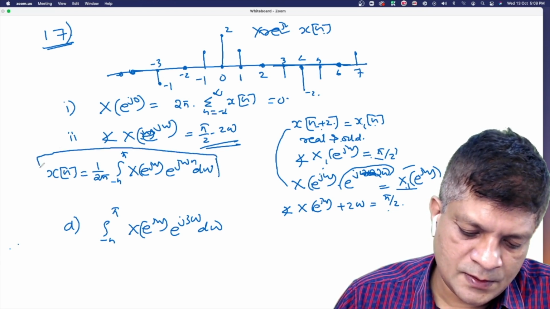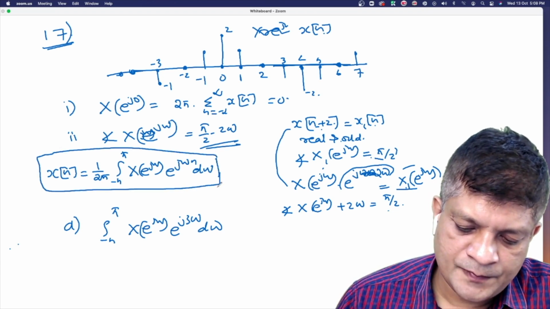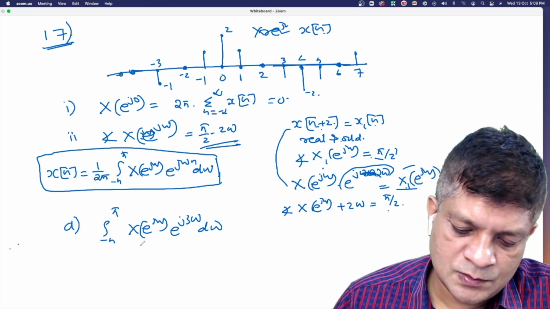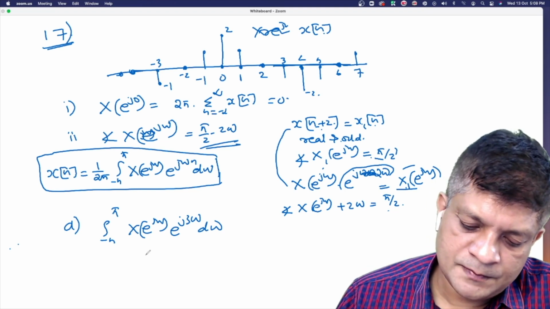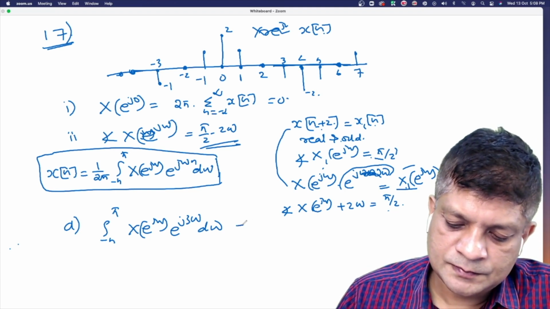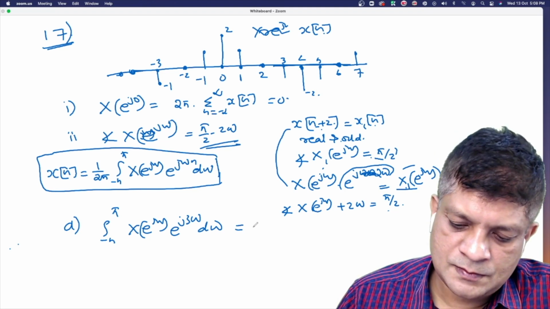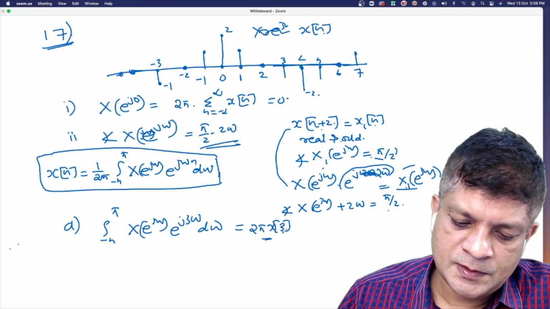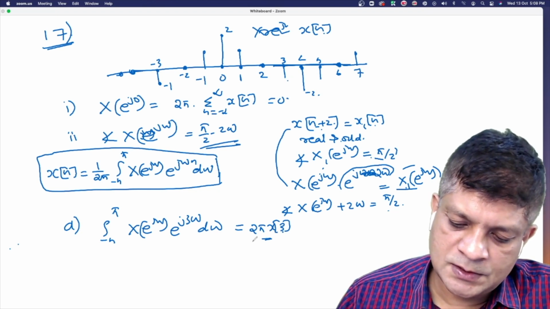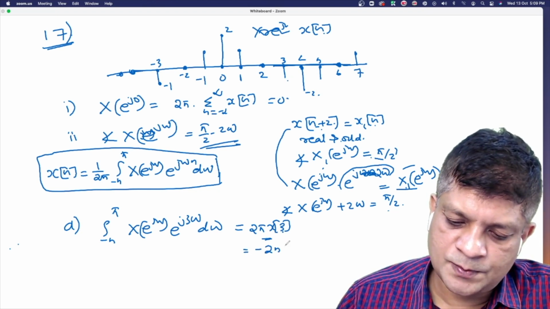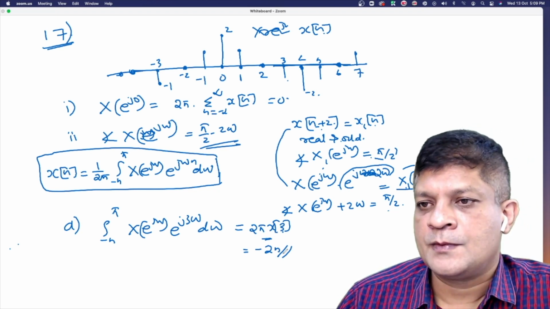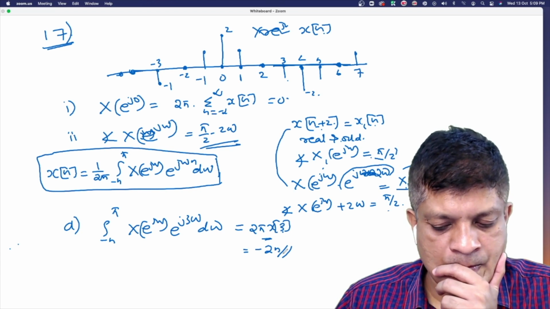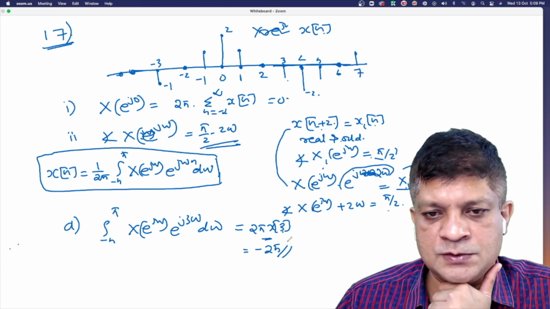This is the inverse Fourier integral. Now compare these two. How is it related with x[n]? It is 2π x[3]. Here x[3] is minus 1, so the answer is minus 2π.